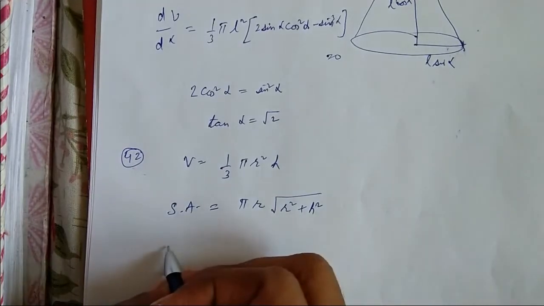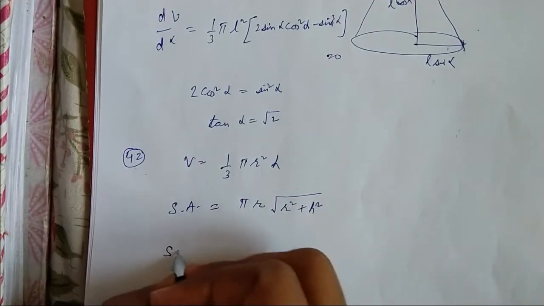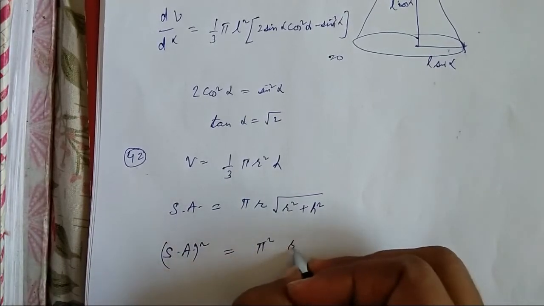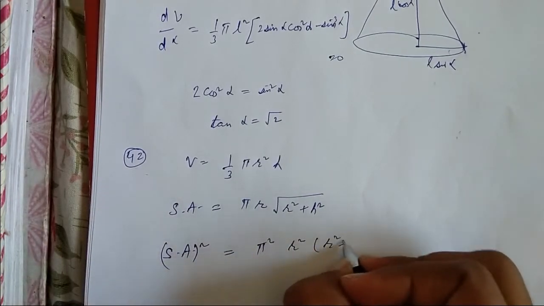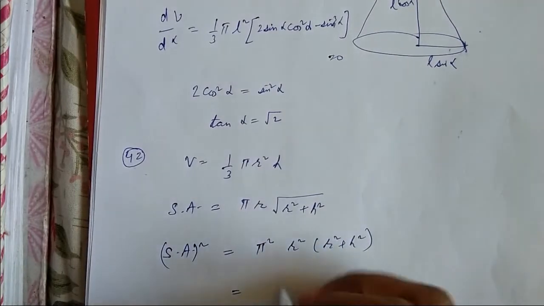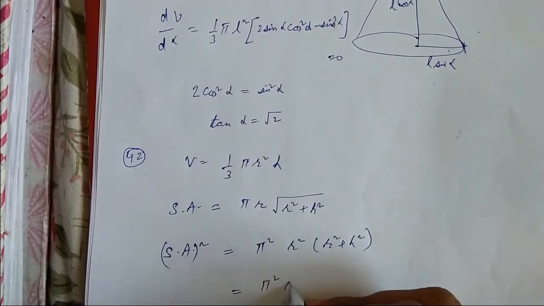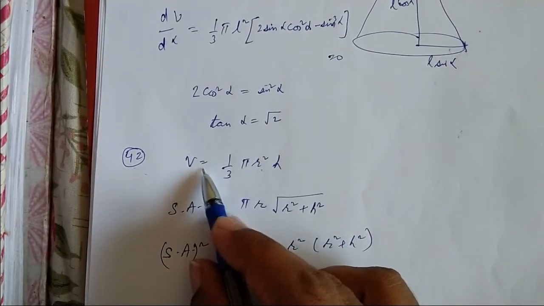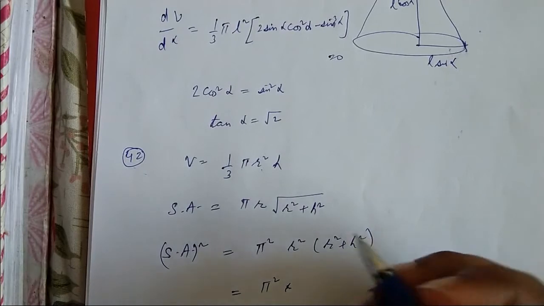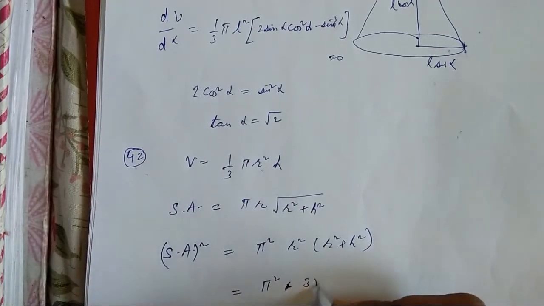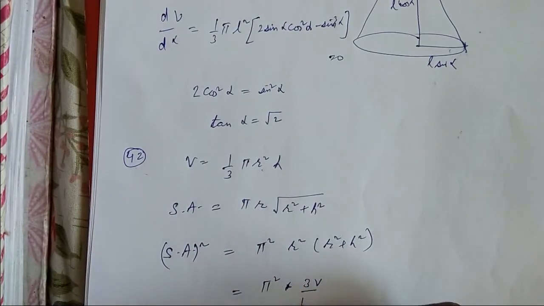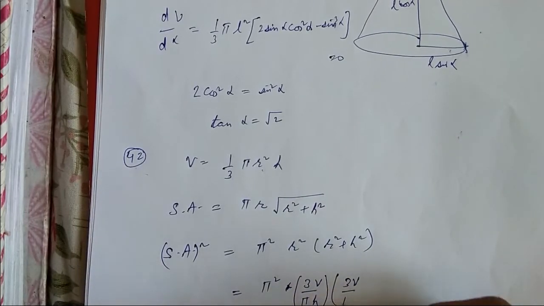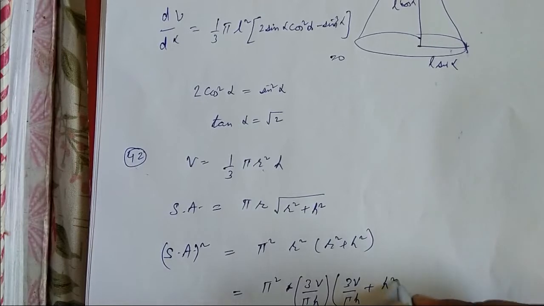So instead of minimizing this, let's minimize its square. So π² R² (R² plus H²) is equal to π². So put the value of R² as 3V by πH into 3V by πH plus H².